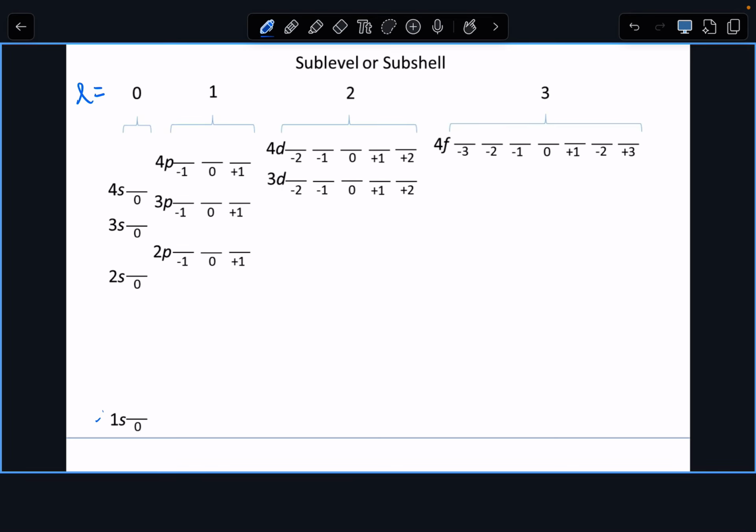This is called the Aufbau principle: you start at the lowest energy one and fill them in sequentially until you get to higher energies. So let's say 17. 1, 2 are going to be in the 1s. 3, 4 are going to be in the 2s. 5, 6, 7, 8, 9, 10 are going to be in the 2p. I'm saying the 10th electron, not 10 in the 2p.